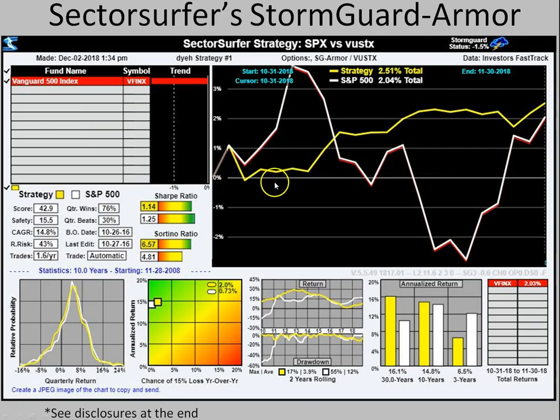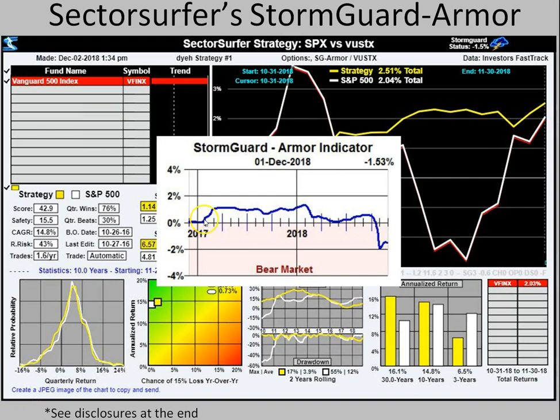We've stayed in bonds, and as a result, we're slightly ahead of stocks by being in bonds. It doesn't always happen this way, but statistically, this type of filter keeps us relatively safe over the long run. And here is the graphical representation of the actual StormGuard Armor indicator.